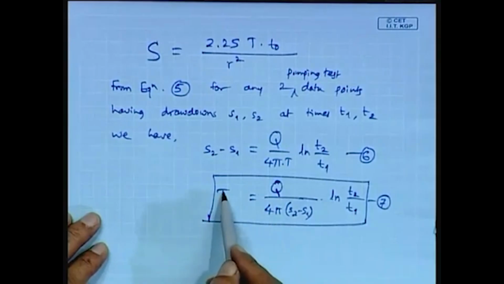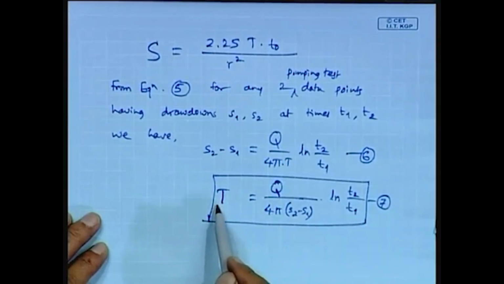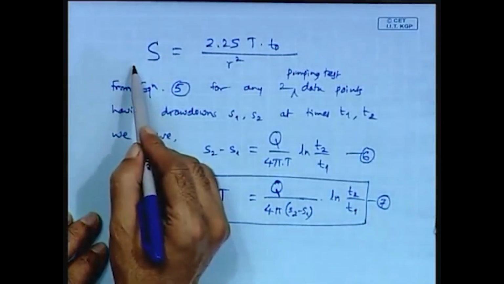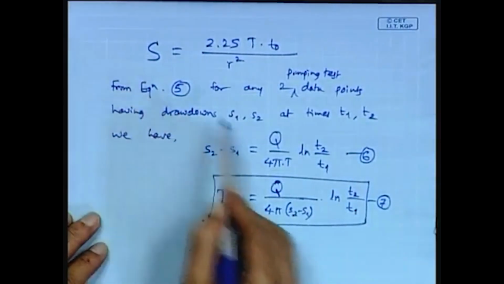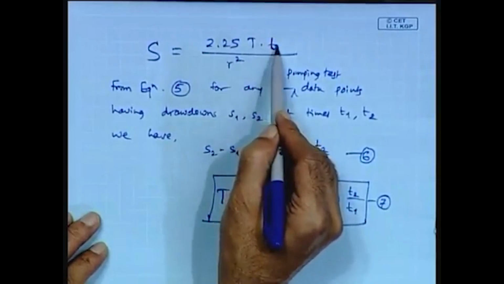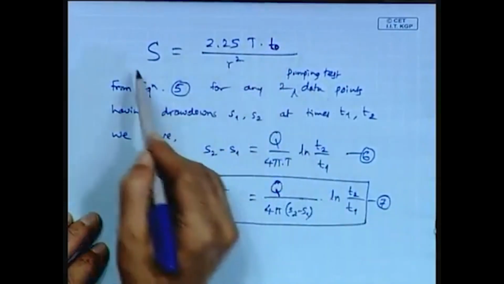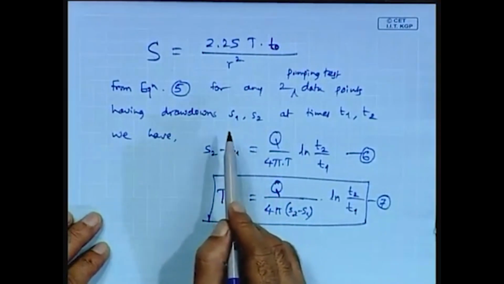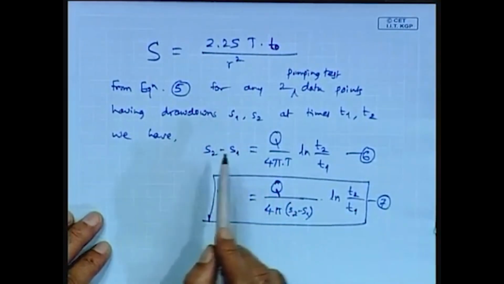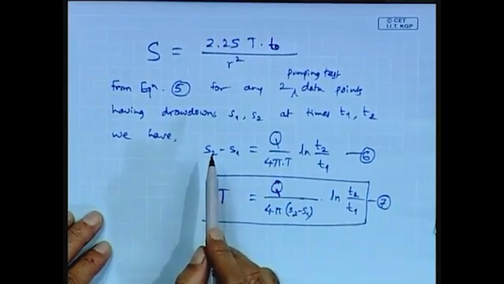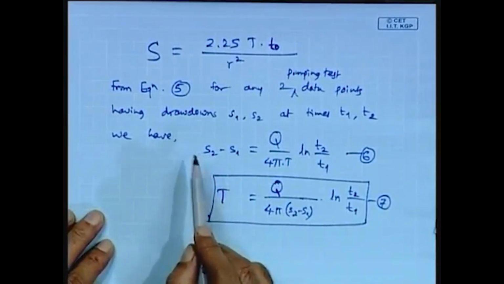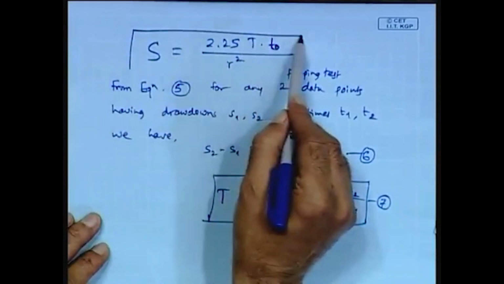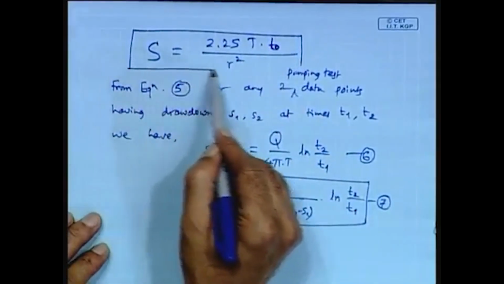So, we can estimate the value of transmissivity T, and once we estimate it, we substitute this value of transmissivity and the value t 0 obtained by extending backwards the linear portion of the semi-log plot of drawdown S versus time t. So, we can estimate the storativity.